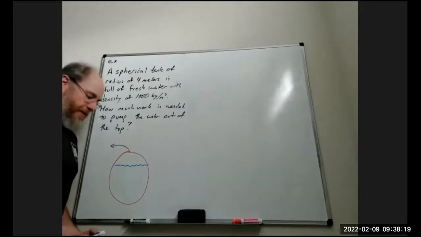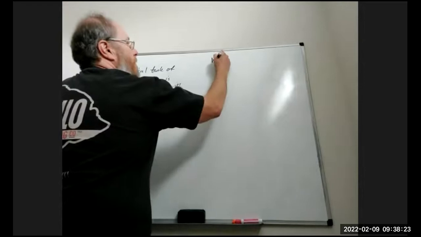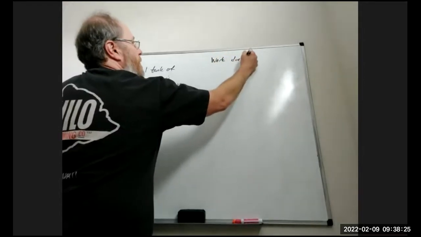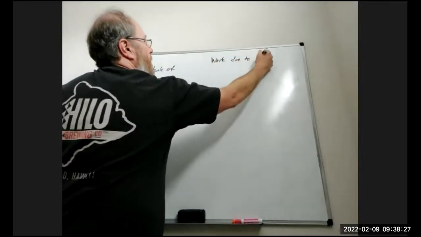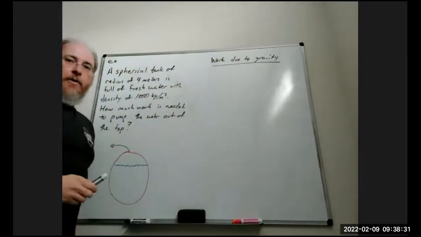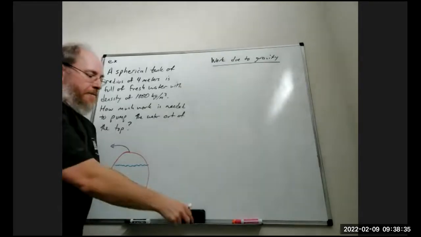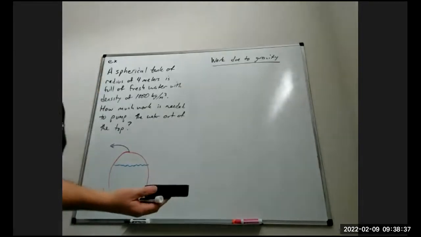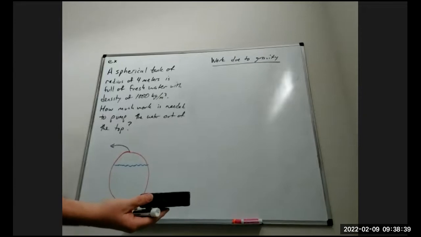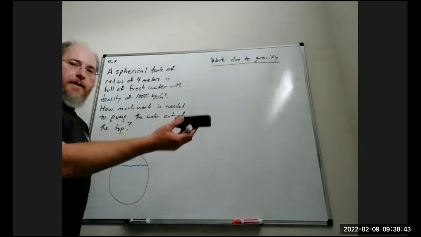Okay, so let's think about work due to gravity. Let's come back to that example with the eraser, and I want to figure out how much work is done as I move it from here to here. So let's think about what we need to know.